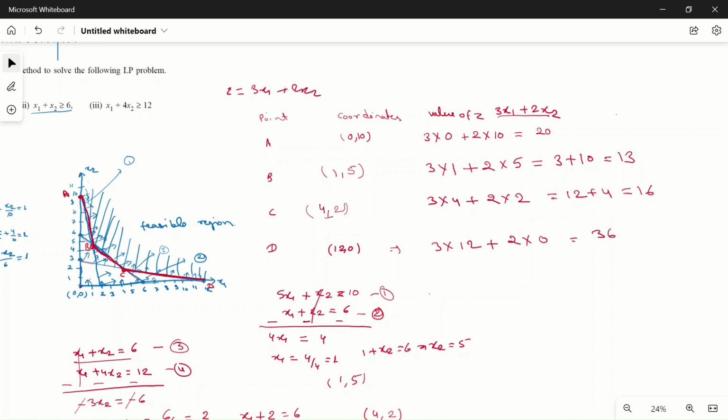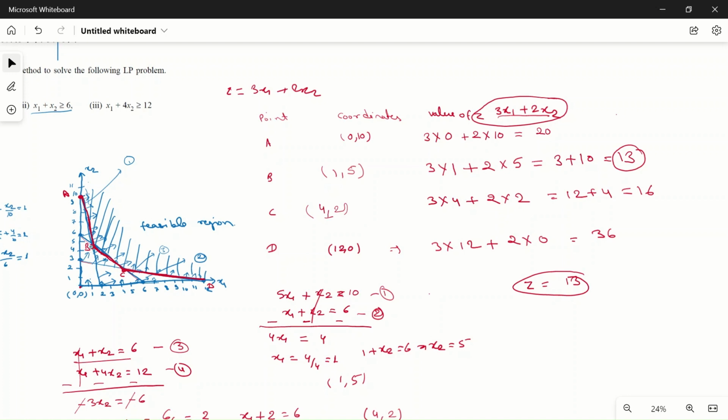So we can see that the minimum value of z is 13, and we had to minimize the objective function z. So our answer is z is equal to 13. So z is 13 at which point? At 1 and 5, so at point B.